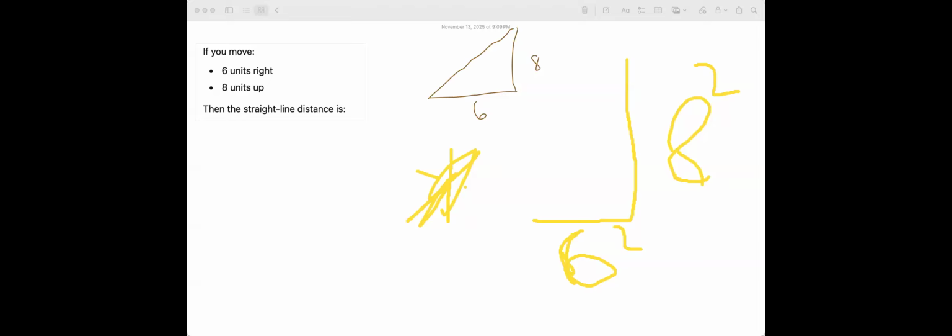So 6 squared is 36, and 8 squared is 64. That makes 100, so the answer is 10. Good job, yes.